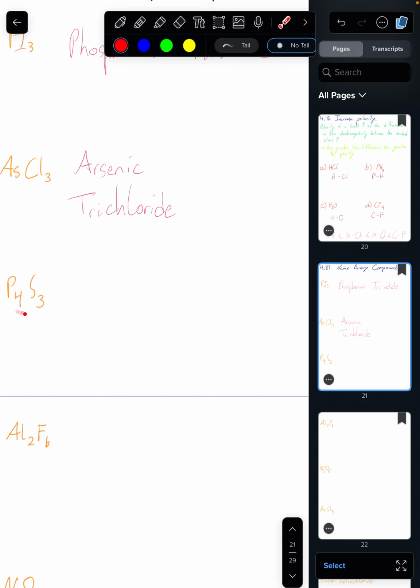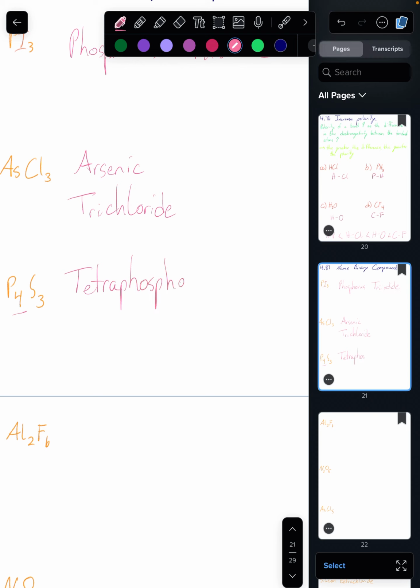And so what ends up happening, and plus since this isn't all connected together, we're going to add that number amount in front of this phosphorus and the number amount in front of the sulfur. And the sulfur is going to get that "ide" added on. So in this case, it's going to be tetra. That's the 4.